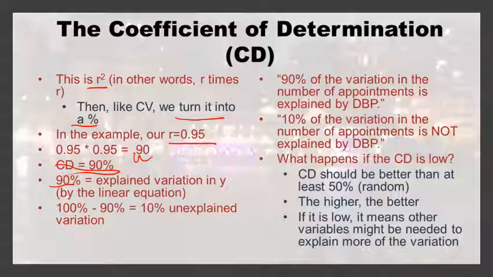x, or the 90% of the variation that's happening in our experiment or study is happening because of the diastolic blood pressure. Since the diastolic blood pressure was what we were following, that was our x.